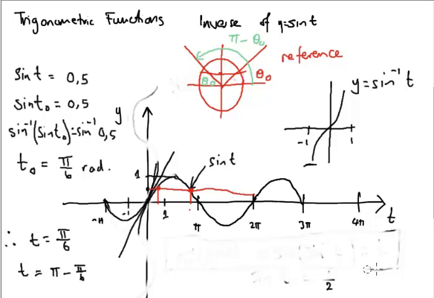Guys, these values are going to repeat after 2 pi, after 2 pi, after 2 pi. So how many solutions are there? There are plenty. How plenty? The usual word we use is infinity.